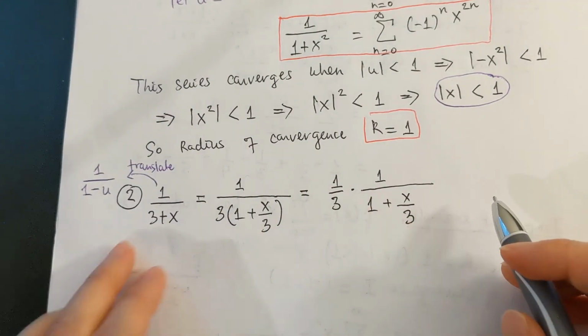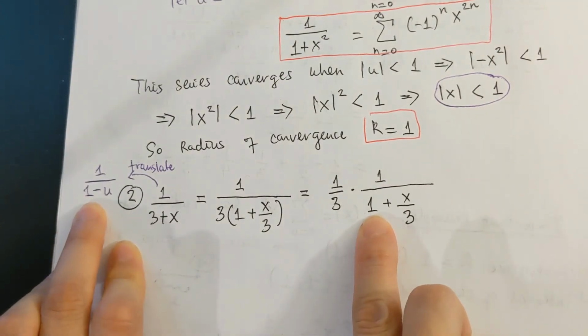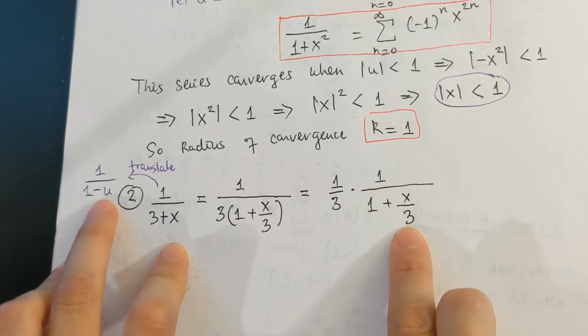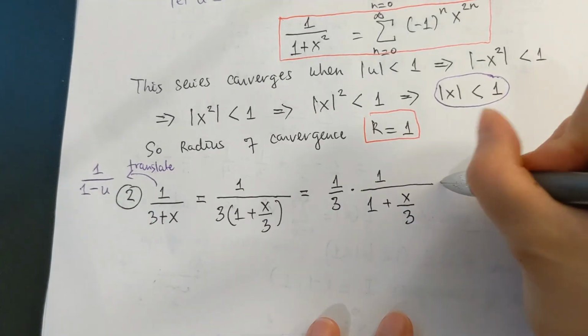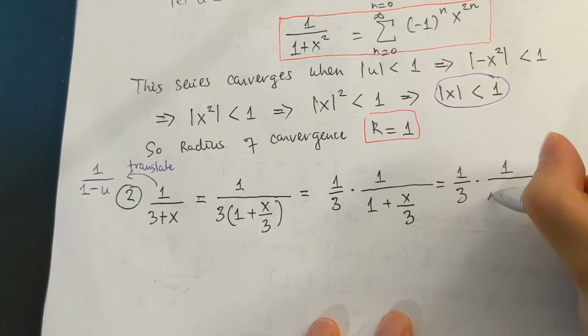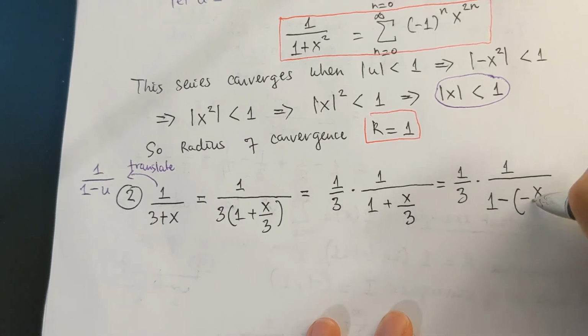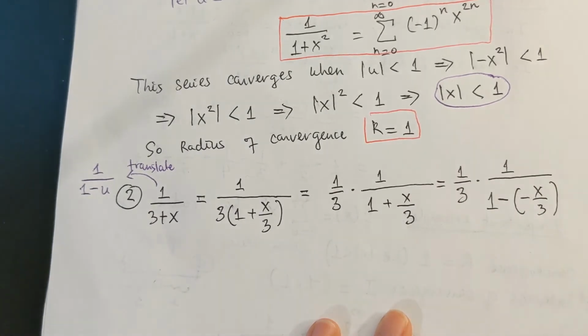Okay, so I've taken care of this part, making it a 1. Now I want the minus u. So what do I do? I take 1 and I need the minus sign. So I need minus x over 3.